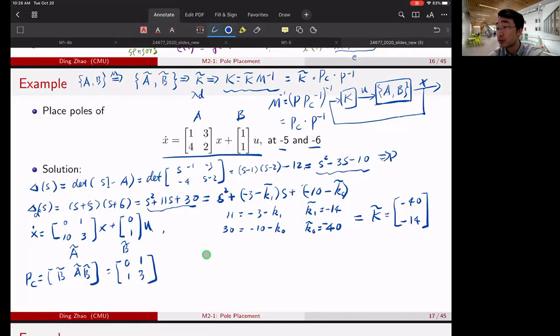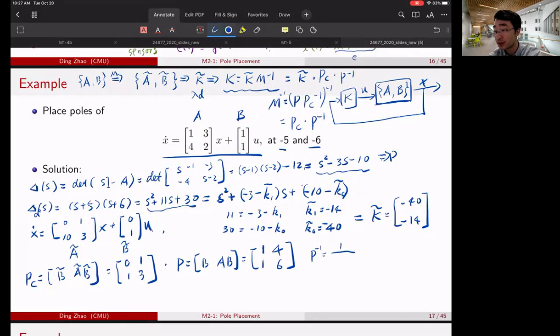And we need to compute the P inverse. So let's compute what P is. P is B, AB. So B is 1, 1, and AB is just A times B. So that's 4, 6. Now we need to compute the inverse of P. This is a 2 by 2, so you probably know the formula.